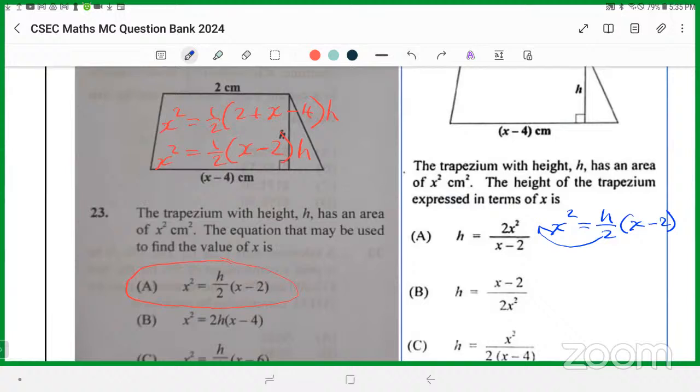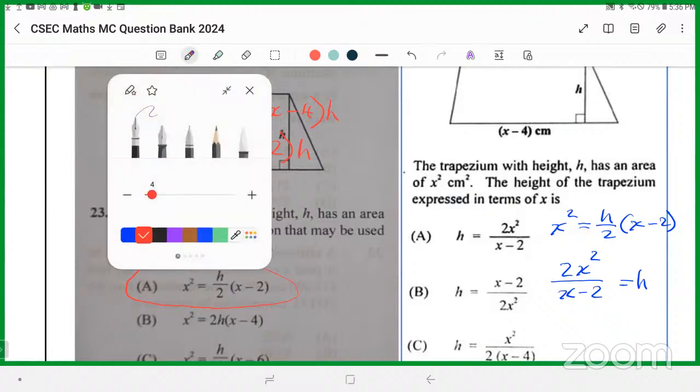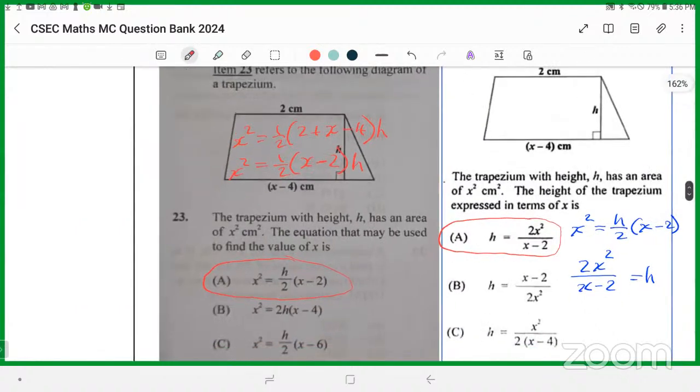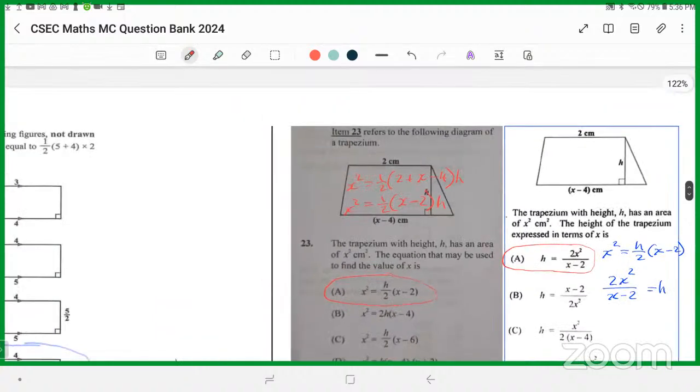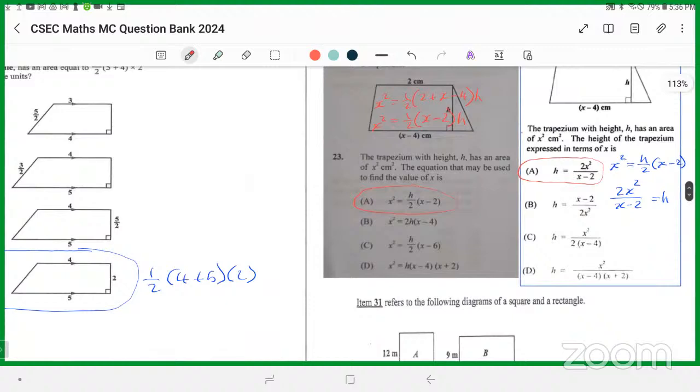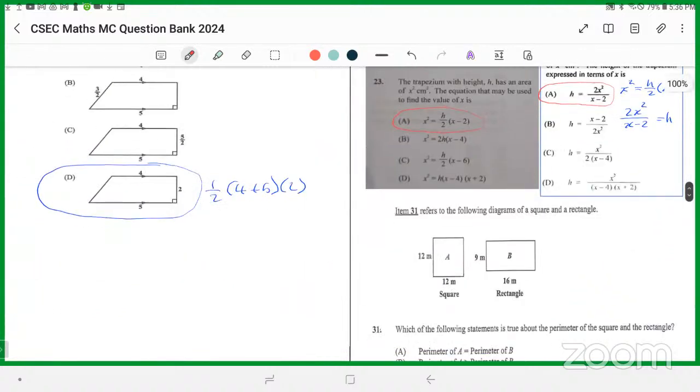So h would become 2 times x squared divided by x minus 2. So the answer is the first one again, A. 2 times x squared divided by x minus 2. So it's the same question, but I ask something different. All right, let's continue.